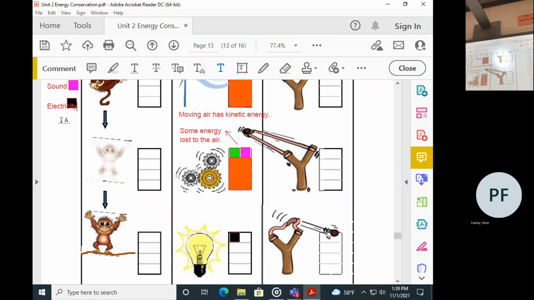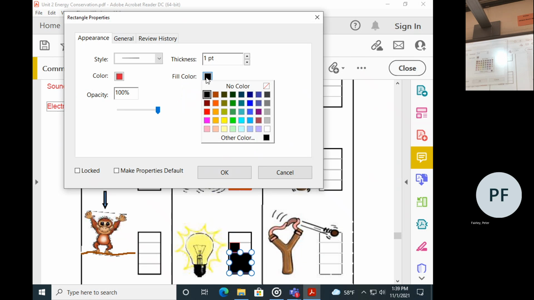What else do you think might be lost? Actually, I have to do it down here. What else is lost from this light bulb? Light is not lost. Light is what we want. So I'm going to have that be. Absolutely. Does the light bulb warm up? Yeah.